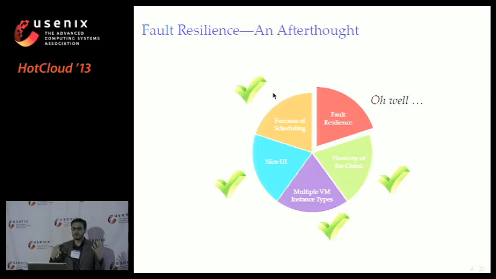It seems that with any initial infrastructure project, be it an operating system or something like a cloud management stack, you first try to put in some functionality so that it becomes useful. But after it becomes useful, you actually want it to work well, fault-free. So that tends to be usually the second thing you implement. It is rare when the architecture is built from the very first try with fault tolerance in mind.